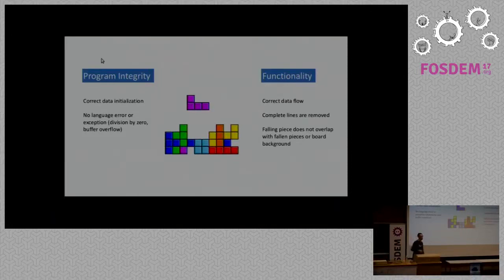Then we'd like to show that the flow of data in the program is correct, that it's accessed correctly with respect to the specification. That complete lines are removed, which is quite important because that's how you score points. And that the falling piece doesn't overlap with the pieces that have already fallen or go outside, because it's really annoying when a piece goes somewhere you cannot see it anymore. That's for the functionality.